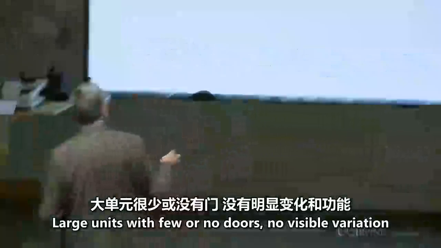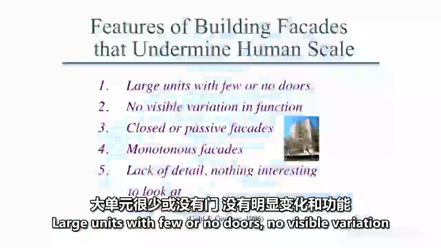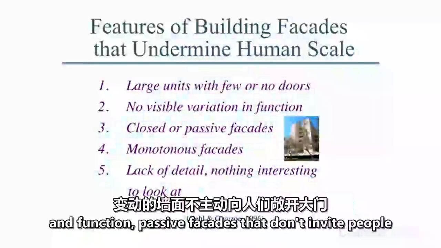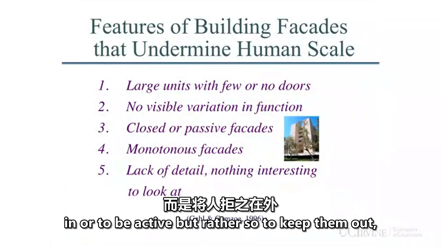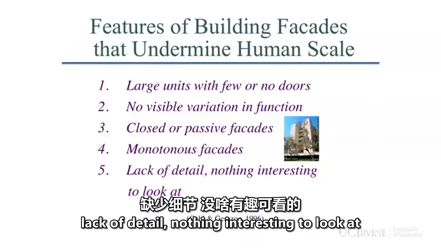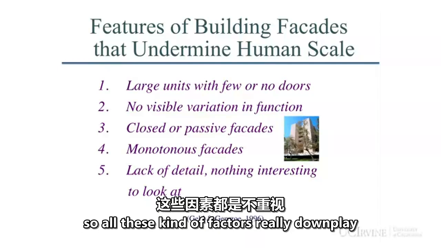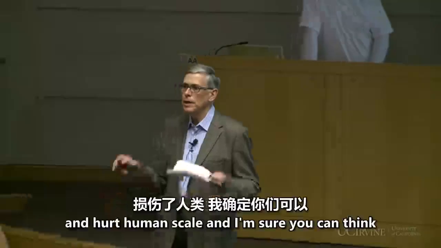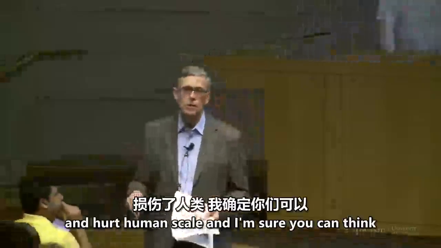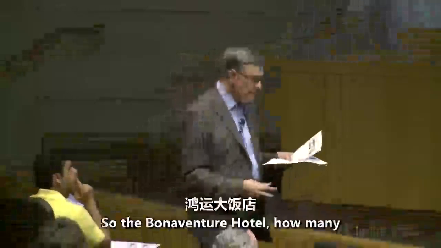Large units with few or no doors, no visible variation in function, passive facades that don't invite people in or to be active, but rather keep them out. Lack of detail, nothing interesting to look at. All of these factors really downplay and hurt human scale. And I'm sure you can think of other environments that are like that.